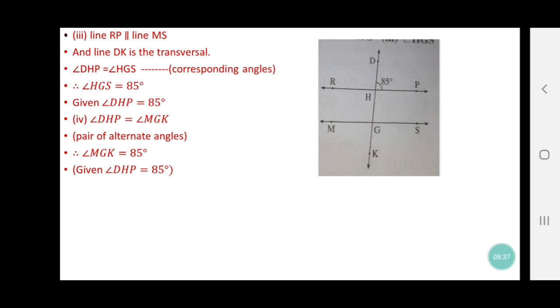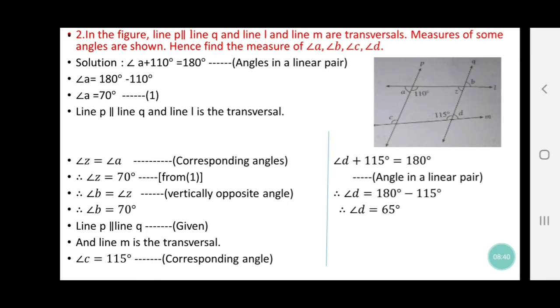Now we move on to the next problem, that is, in the figure, line P is parallel to line Q, okay, and line L is parallel to line M, right? Or you can say line L and M are transversal. You can say not, it is given. Fine.